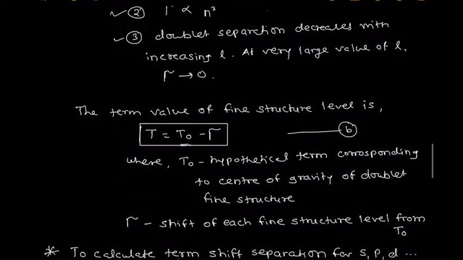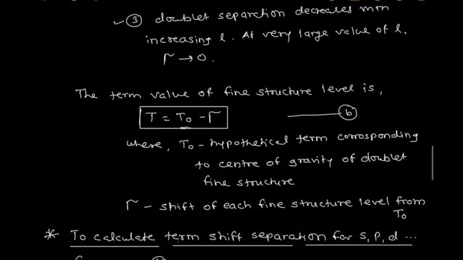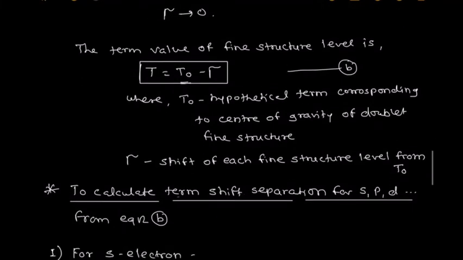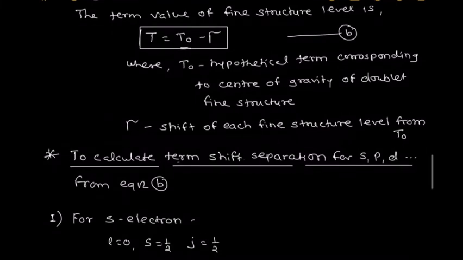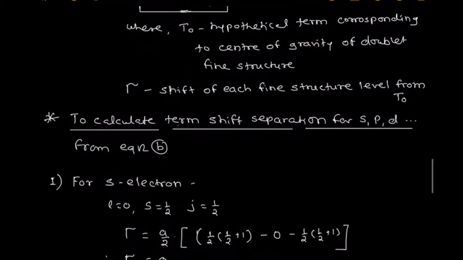Next, as you know the equation T equal to T0 minus tau, that means how much shifting is possible from T0 in each doublet term, we calculate one by one. Initially we consider the s electron. For s electron L is 0, S is half and J is how much?